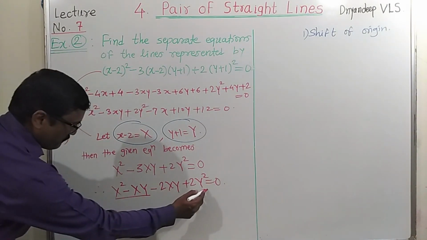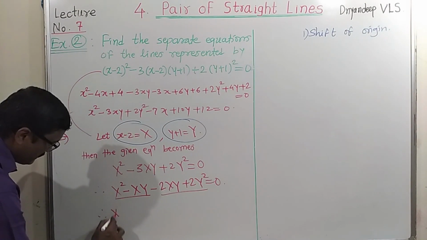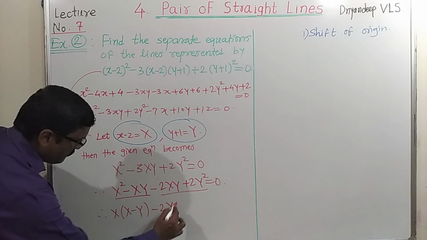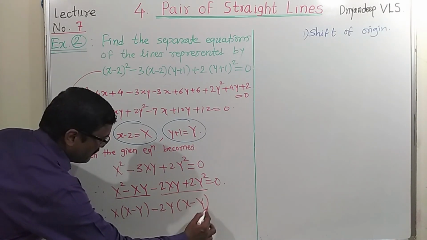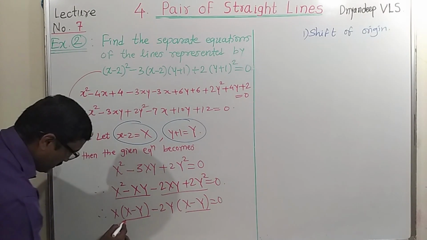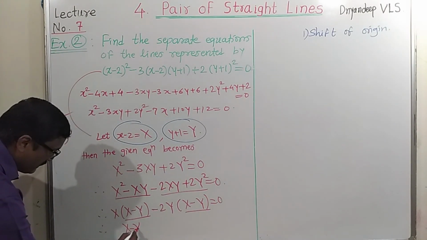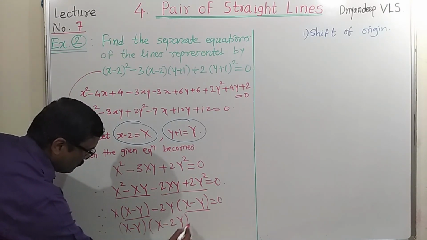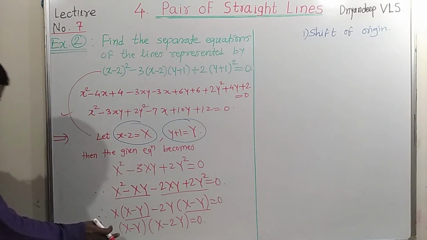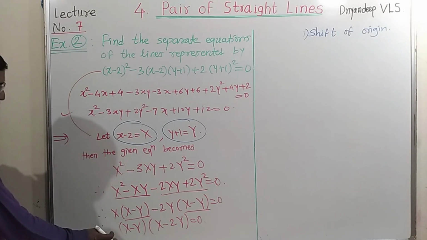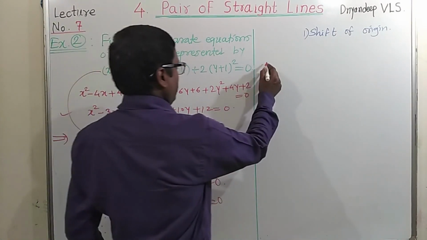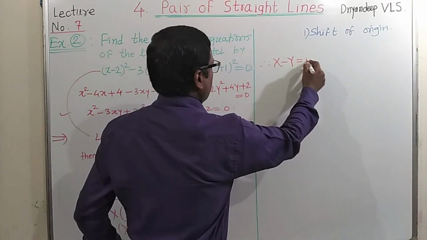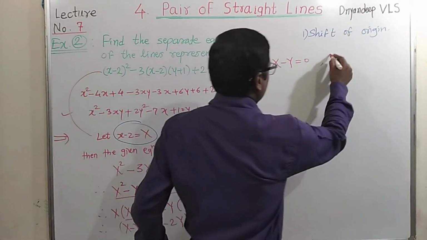Now take common from these two, that is X in bracket X minus Y. Here we take minus 2Y, so that in bracket remains once again X minus Y equal to 0. So X minus Y is common here. So we get X minus Y. In another bracket we get X minus 2Y equal to 0. These are the separate equations, or these are the factors. So we get the separate equations as, therefore X minus Y equal to 0 and X minus 2Y is equal to 0.